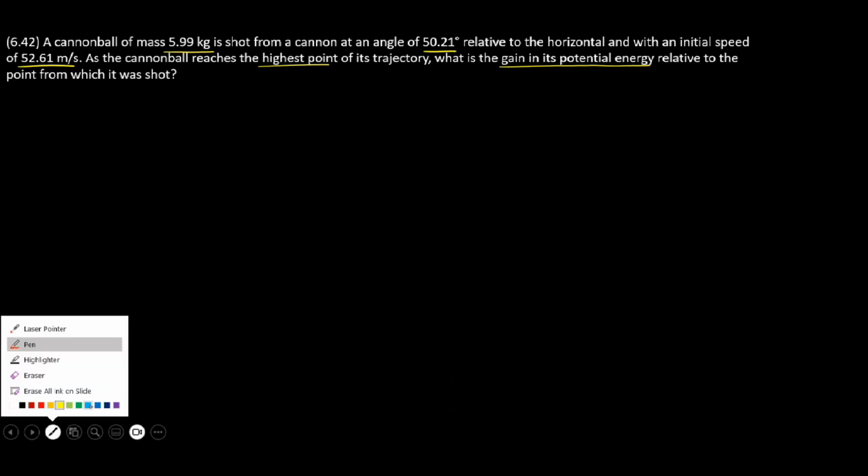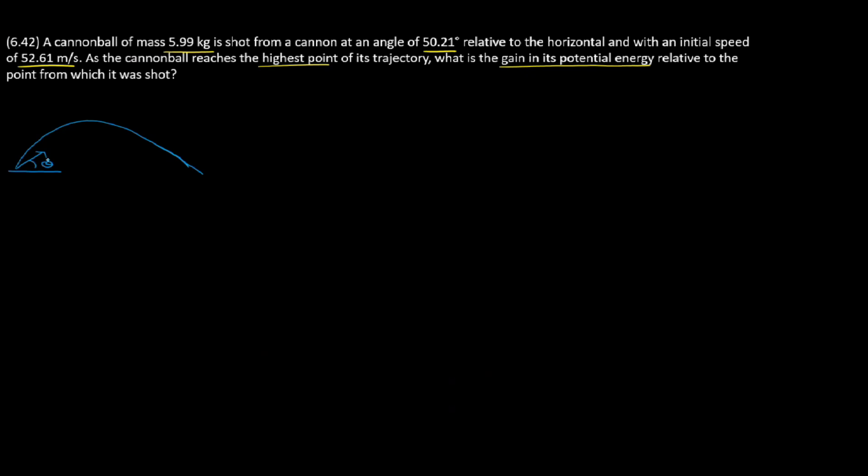So let us sketch the question first. I will take this as my starting point. This is where I will place my cannon, and you shot a cannonball from here. The cannonball follows a parabolic path. The initial angle at which it's been shot is 50.21, theta.